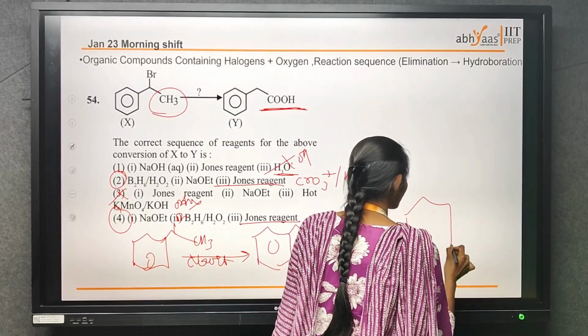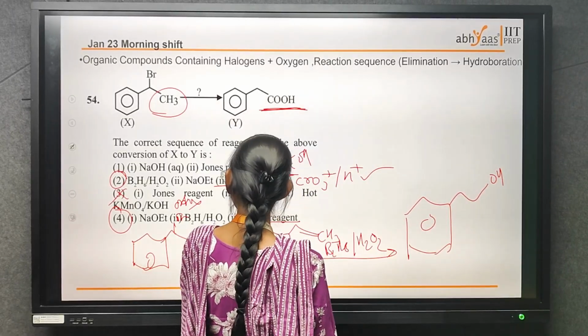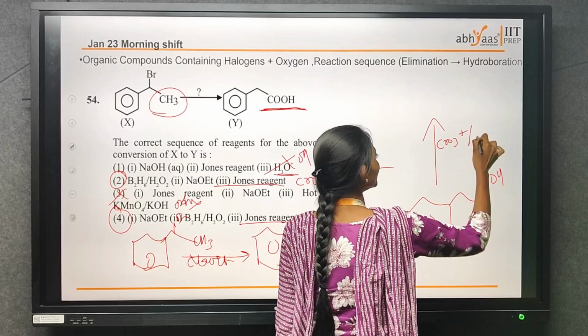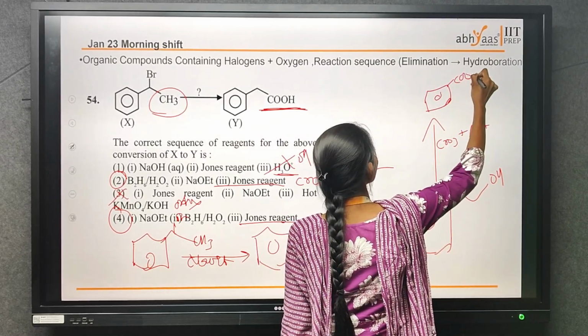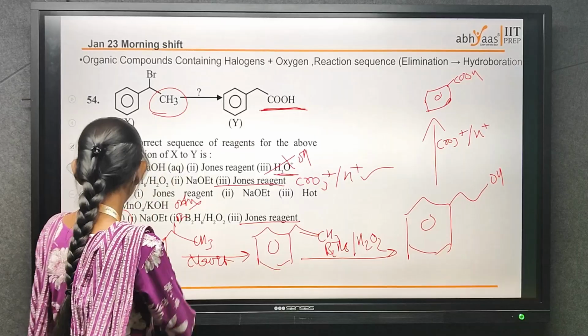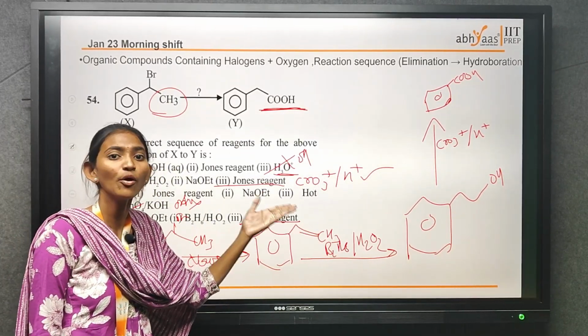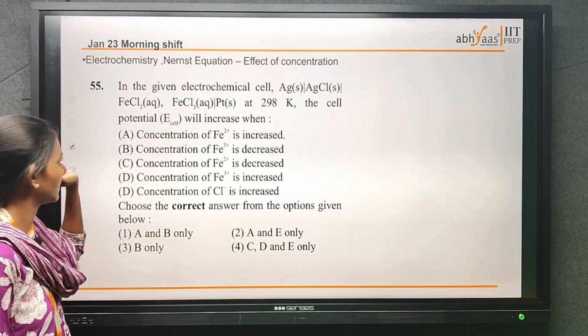So the alcohol molecule you are getting. Upon doing Jones reagent, you will get your carboxylic acid, right? So hence the answer will be option 4. If you know any single step of this reagent, how it is going to work, then you can answer easily. So not that tricky.